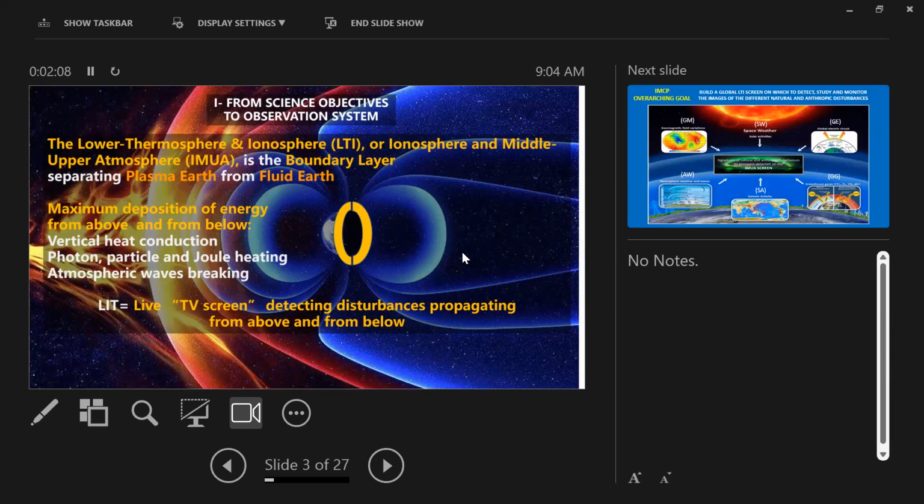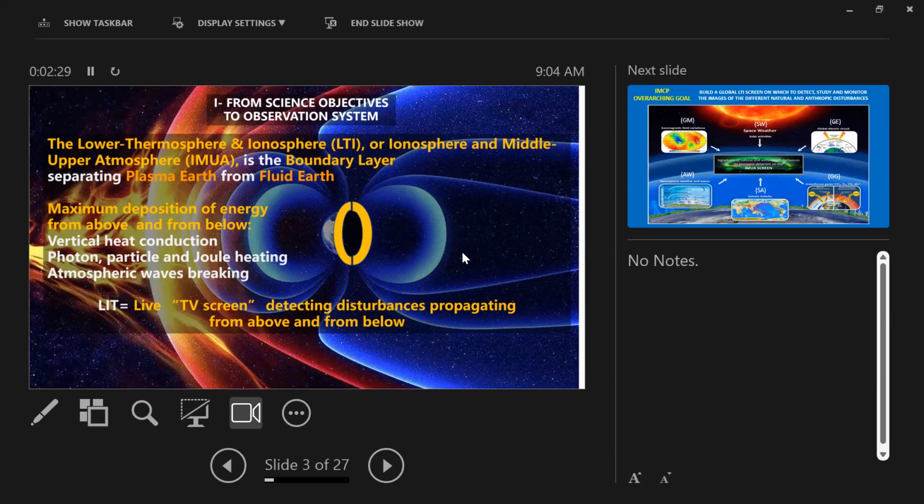The region of the atmosphere of the Earth between about 90 and 200 kilometers, to make it simple, is the region where there is a maximum deposition of energy coming from above and from below. Vertical heat conduction from thermosphere temperature gradients conducts heat to that region.